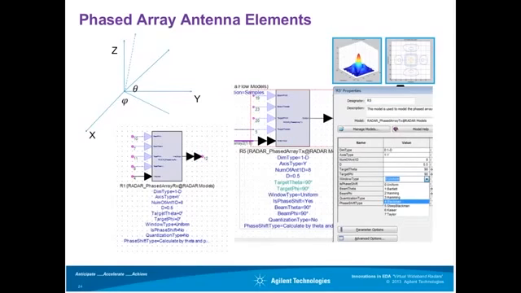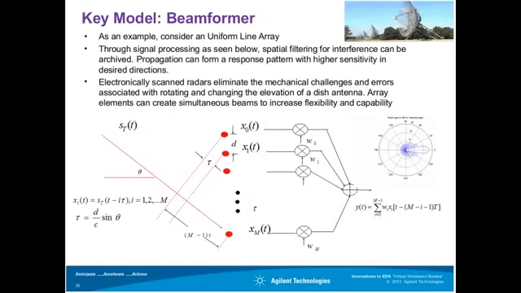We allow you to specify the antenna location, the beam direction, and so forth. So the angles phi and theta, x and y, and also the antenna unit shape. Beamformer is available in both TX and RX.